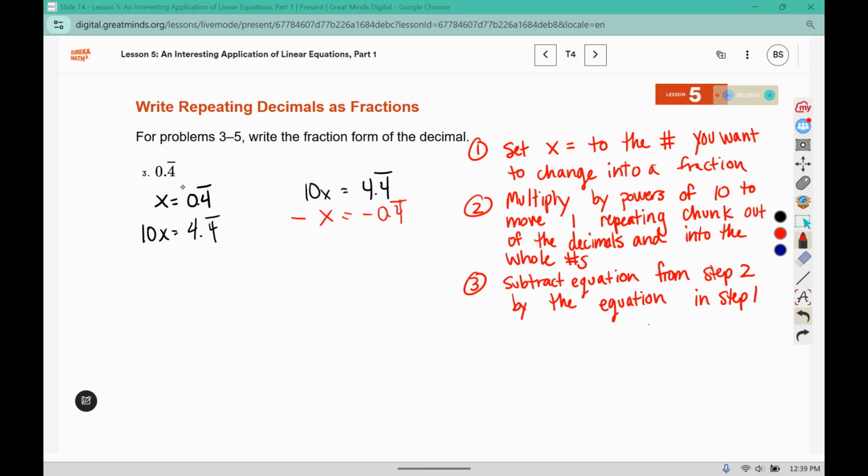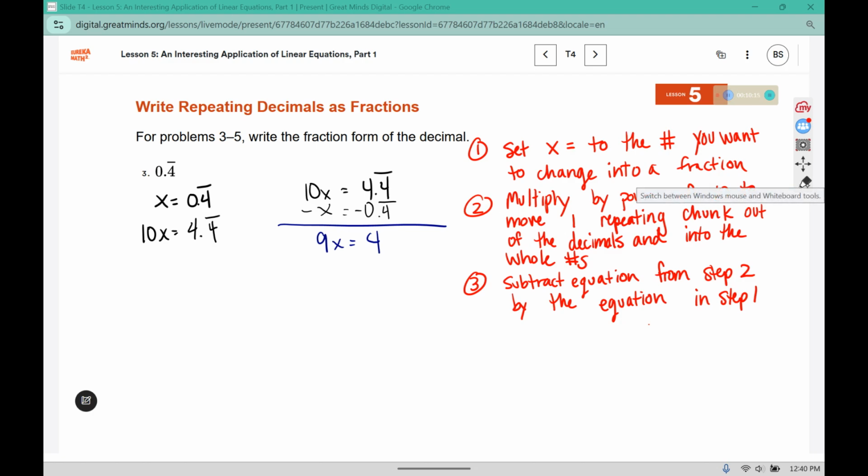So we're subtracting this whole equation. So when I subtract, I have 10x minus x is 9x, 4.4 repeating minus 0.4 repeating. The repeating 4's are eliminated, and 4 minus 0 is 4.